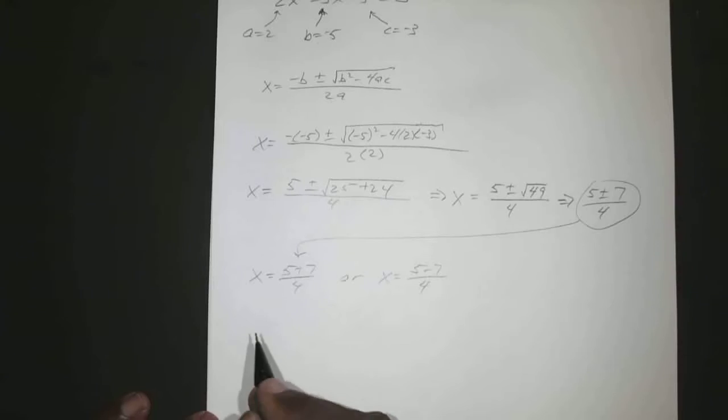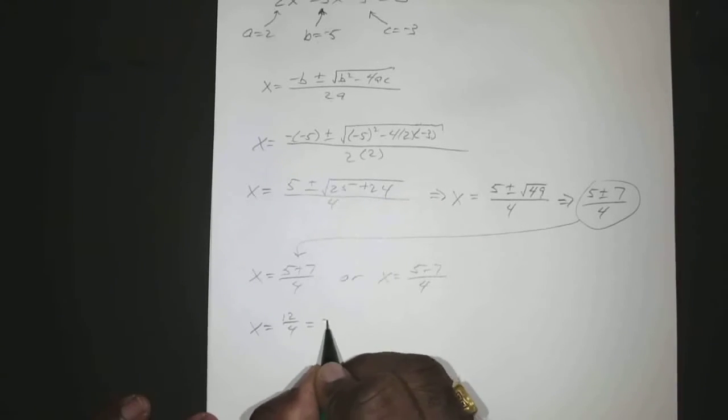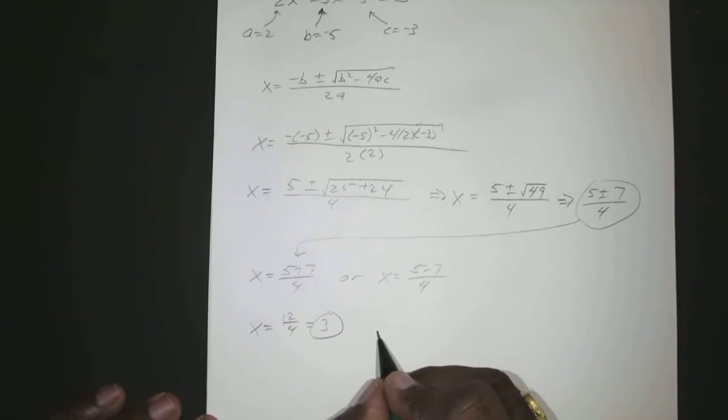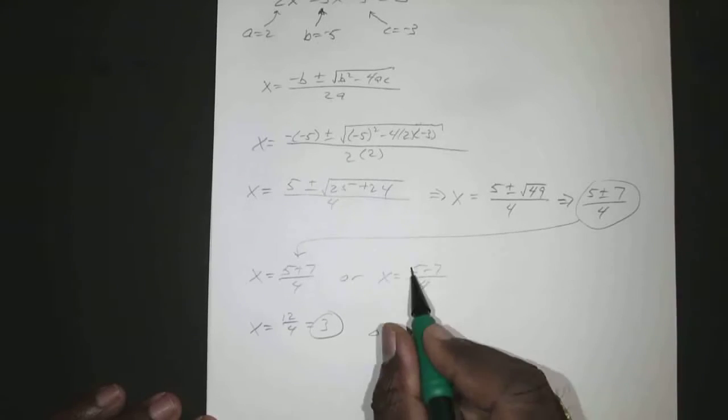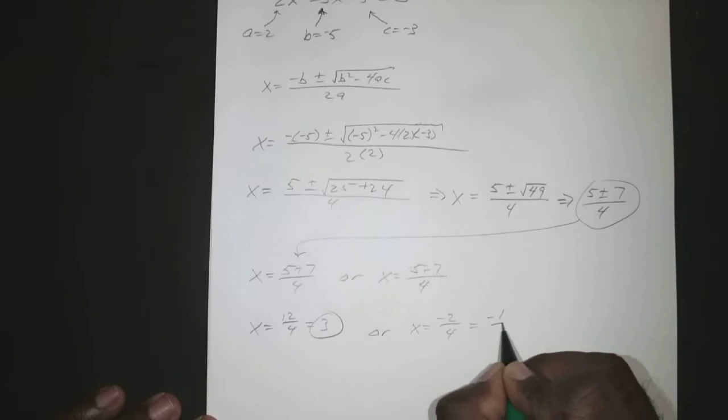Okay, so 5 plus 7 over 4, you have 12 over 4, which is just 3. 5 minus 7 over 4, 5 minus 7 is negative 2 over 4, which is negative 1/2. So once you plug it in, it's pretty much just simplifying from there. All right. So any questions on this one?